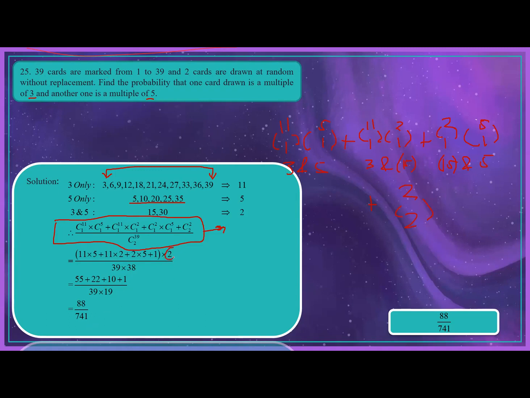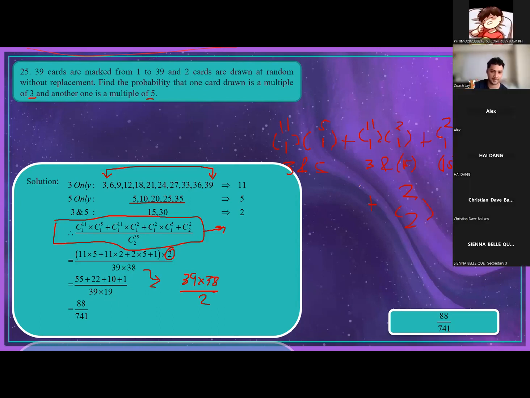The 2 comes from 39 times 38 divided by 2, which is 39 taken 2, so that's why we have 2 at the numerator.